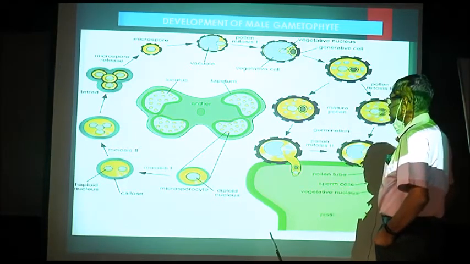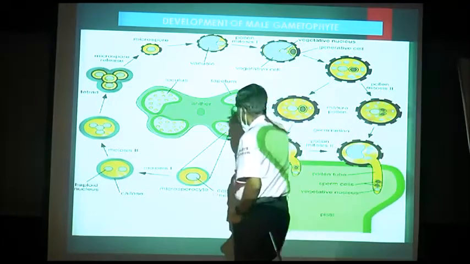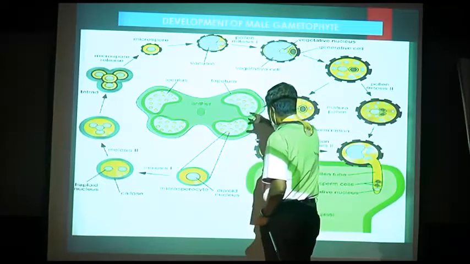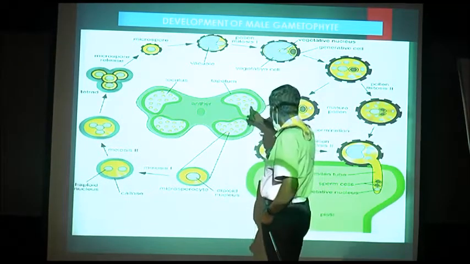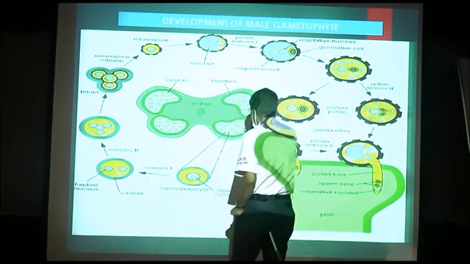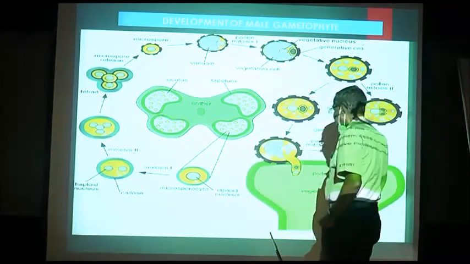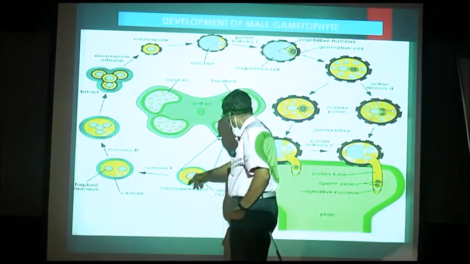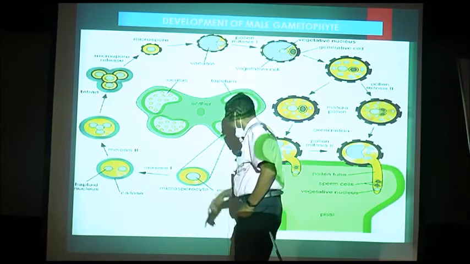Now, we have discussed the anther. The anther has 4 lobes, and inside the 4 lobes, some details we discussed in the last class also, there are 4 microsporangia. These microsporangia have microsporocytes or microspore mother cells.